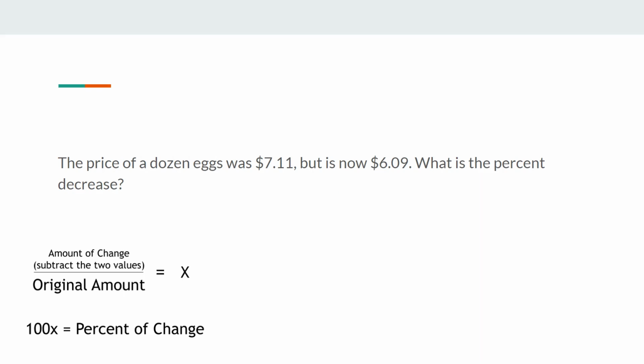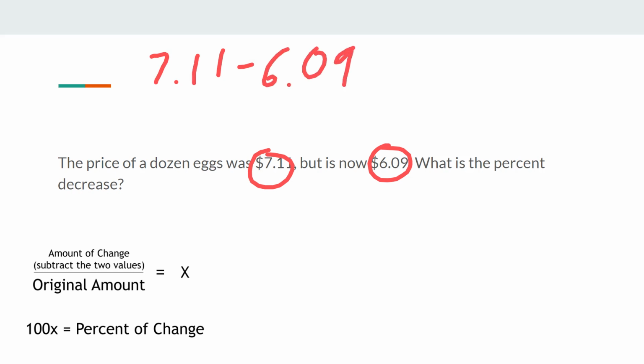It says the price of a dozen eggs was $7.11, but it is now $6.09. What is the percent decrease? So again, $7.11 minus $6.09. That is going to be 711 minus 609. That is going to be $1.02.